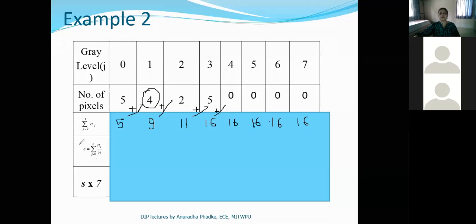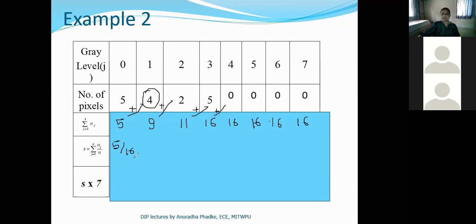So this is cumulative addition. After cumulative addition, the next step is to normalize these numbers by dividing by the total number of pixels. So you have to divide each number by 16 to get the next row.